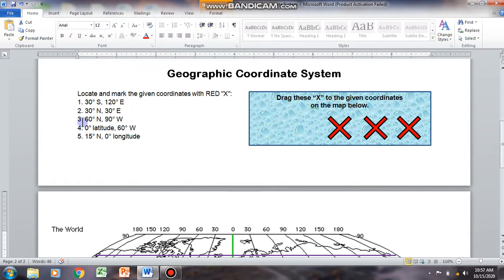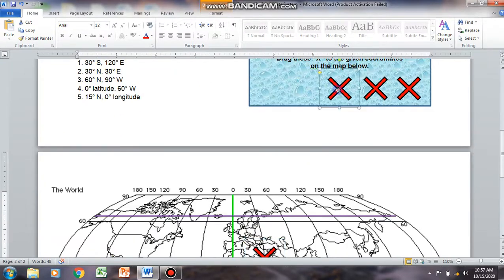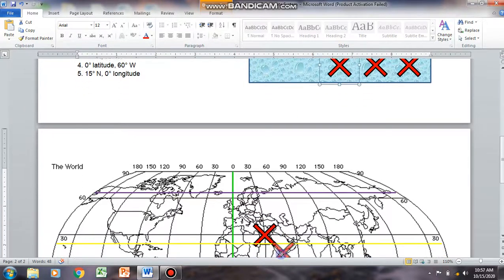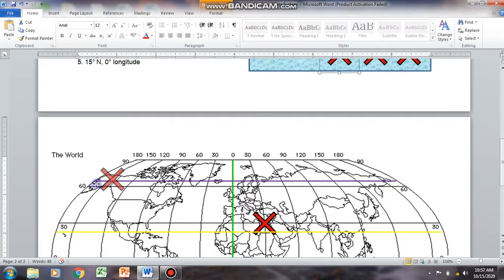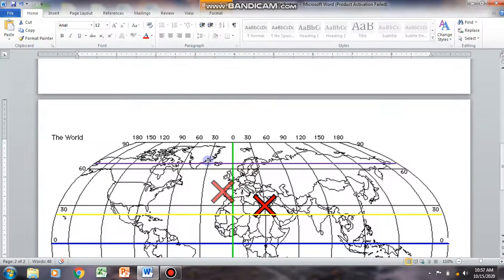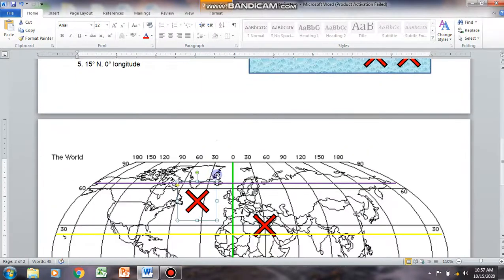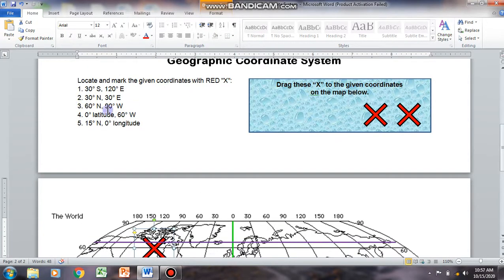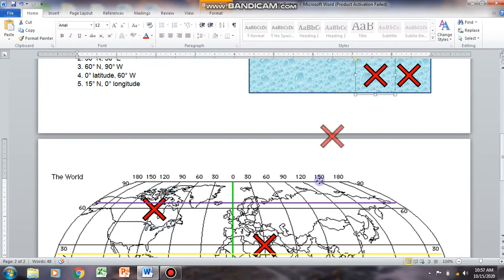Number 3. 60 degrees north and 90 degrees west. 60 degrees north is here, and the western hemisphere is nasa left-hand corner of this map. So 60 degrees north and 90 degrees west. That country is Canada.